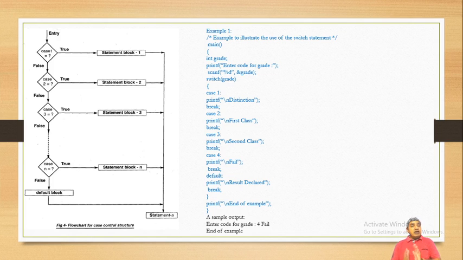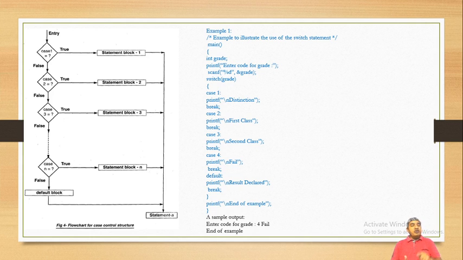We can use any number of cases. If we consider case n, we check case n, and if it is true, statement block n is executed, and after execution of statement block n, statement A is executed.